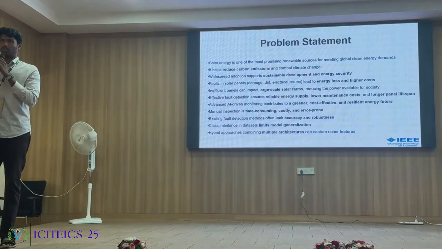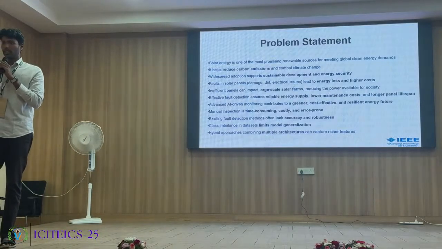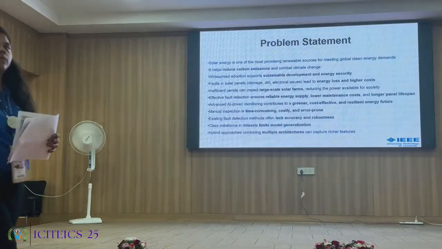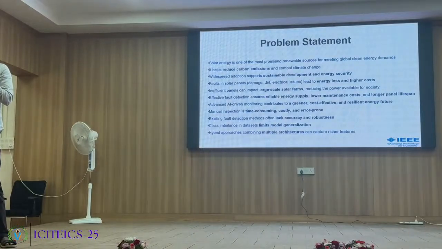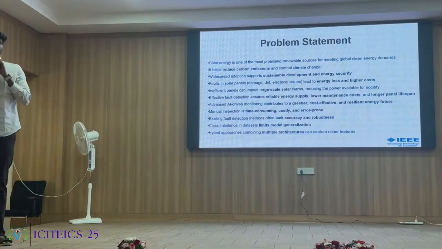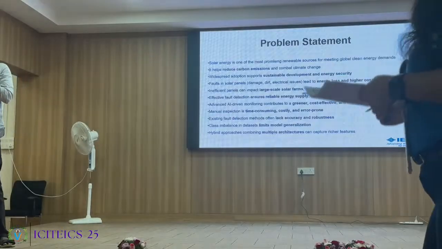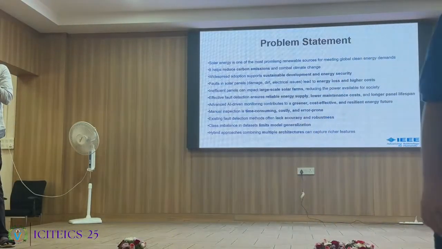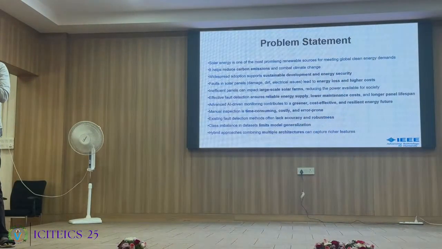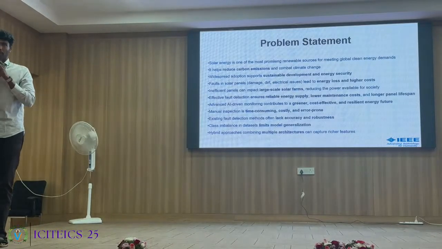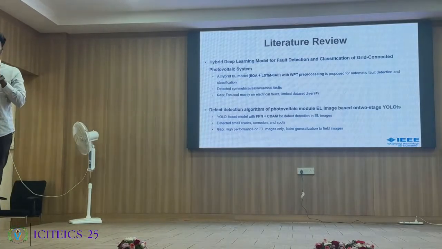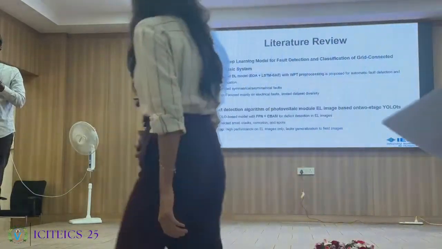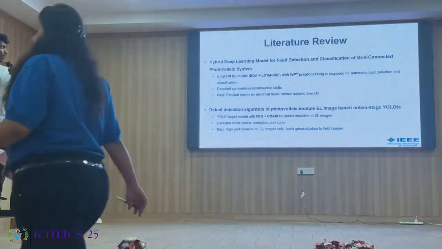Our paper classifies the solar panel as a good, clean solar panel or a defective one, using deep learning techniques like convolutional neural networks and a hybrid deep learning framework consisting of a combination of different pre-trained deep learning models.